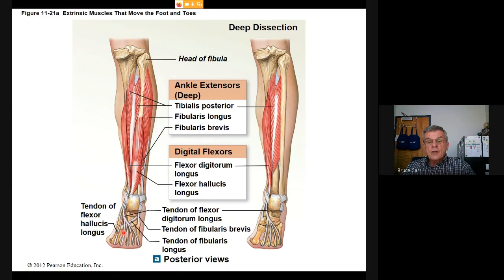This is shown in a foot extended or tiptoe position. And we have also removed the superficial muscles. Do you see this cut edge where the gastrocnemius, which forms that bulge on the calf, the profile of the skin shows you where the gastrocnemius would be, and it will completely cover up these deep muscles.